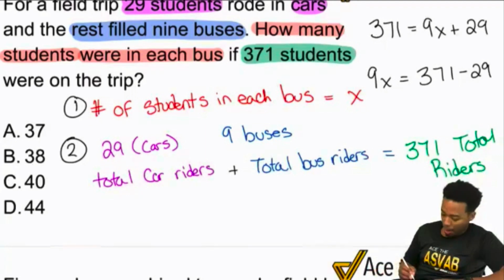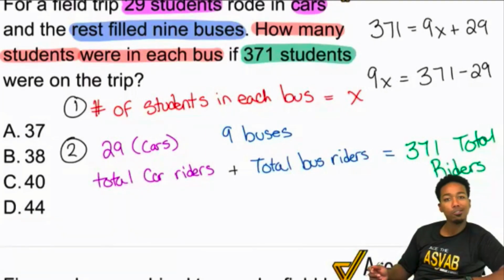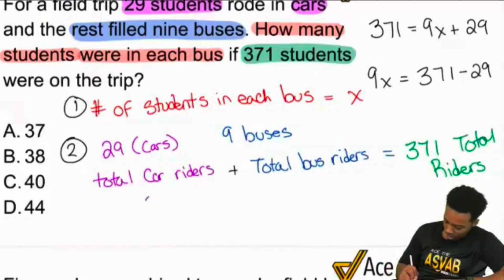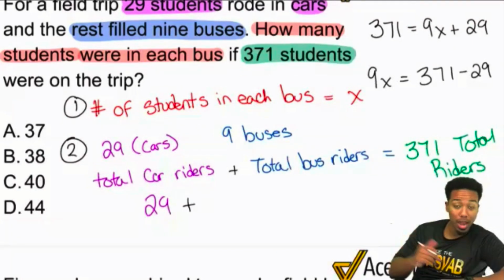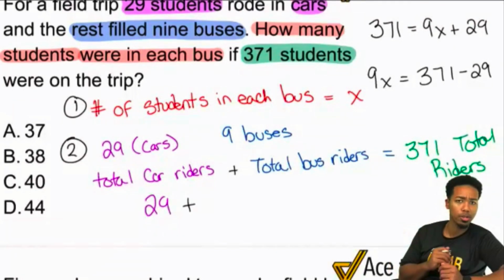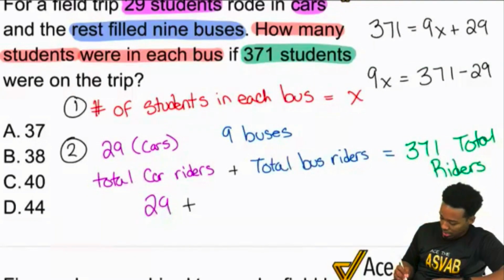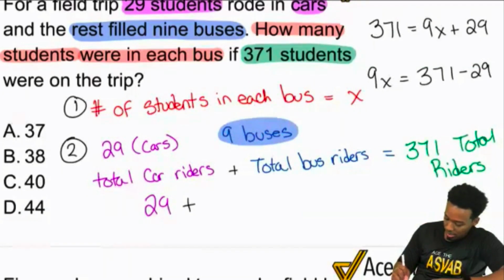So everybody, how many total car riders did we have? 29, correct. Then from here, we're going to add that with the total bus riders. We don't have a number for the total bus riders, but what we know is that we have 9 buses and X in each bus.